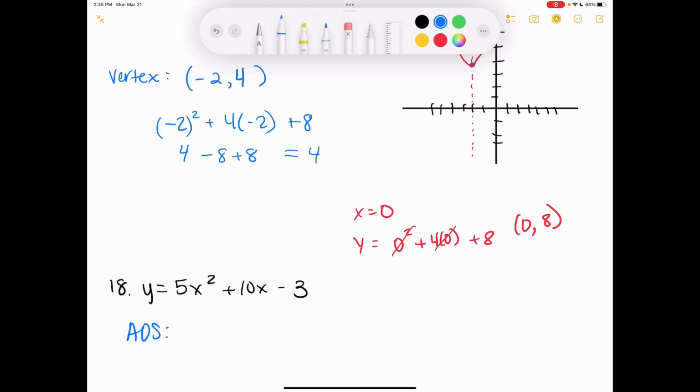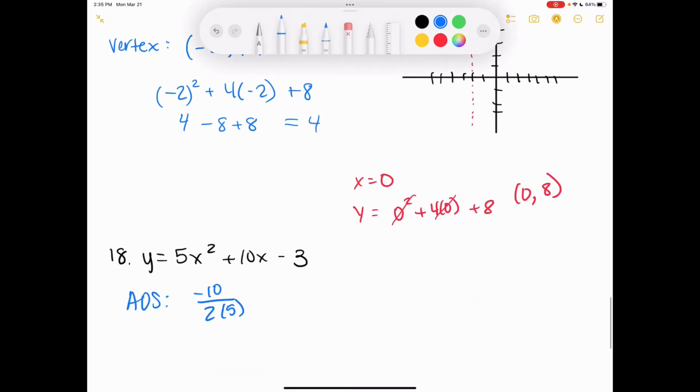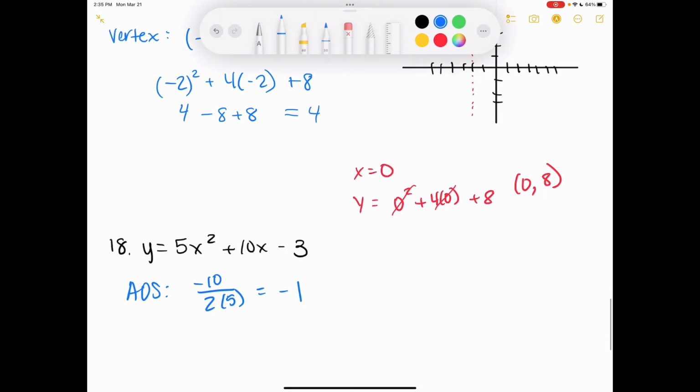So it's going to be -10 over 2 times a, which is 5, which happens to be 10 over 10, but it's going to be negative, so it's -1. Okay, so my axis of symmetry is at x equals -1. I like to circle the important information so that I can find it in my work when I go back and solve them.